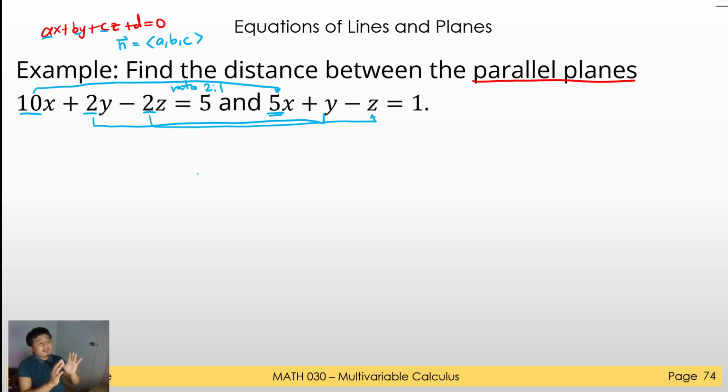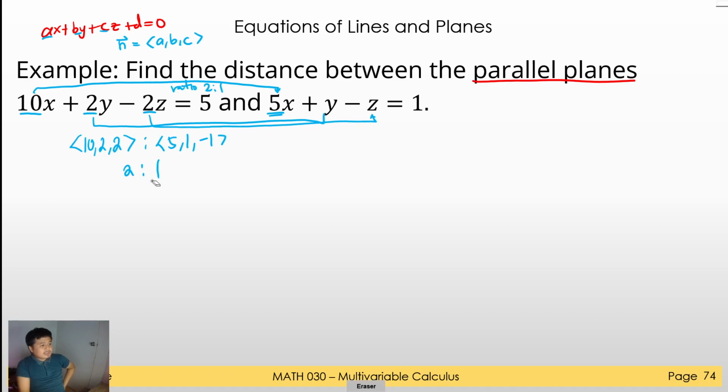So if the ratio between the respective elements of the vectors n is consistent, then they are parallel. 10 to 5 is 2, then 2 to 1 is 2, and negative 2 to negative 1 is also a ratio of 2 is to 1.